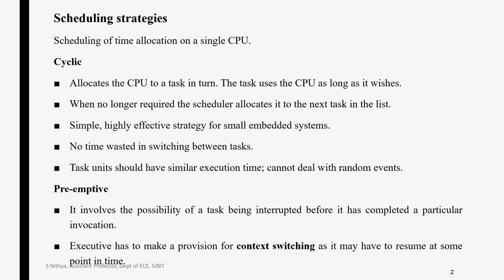Based on the arrival, the CPU is allocated to each task, and each task can use the CPU as much as it requires. When it is no longer required, the scheduler allocates the CPU to the next task in the list. It is a very simple and highly effective strategy for small embedded systems, and the switching time is very small.